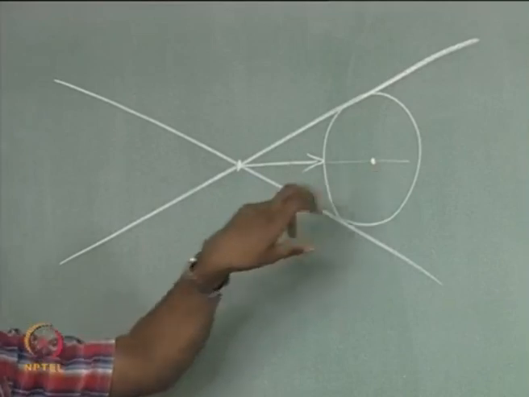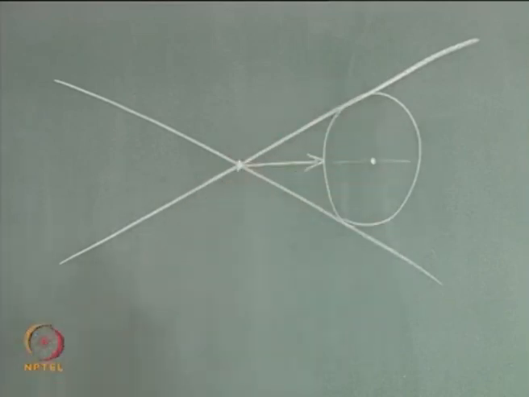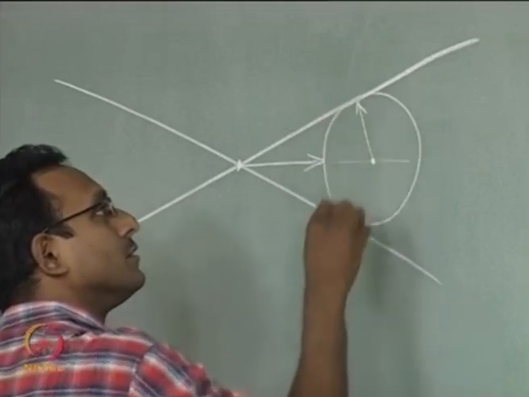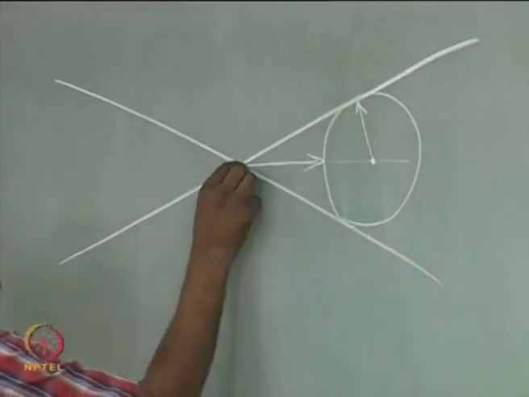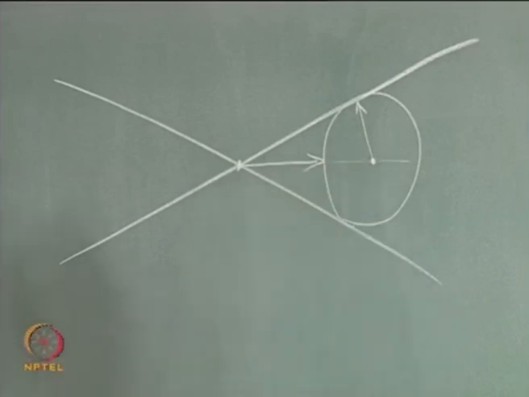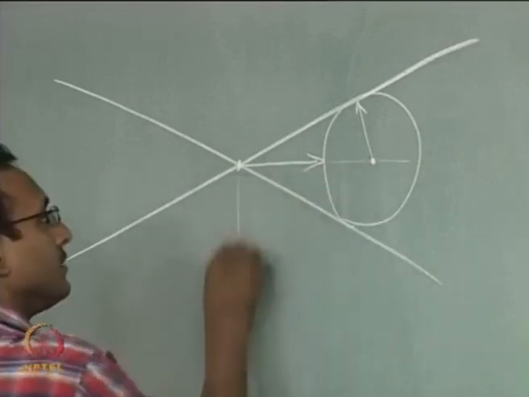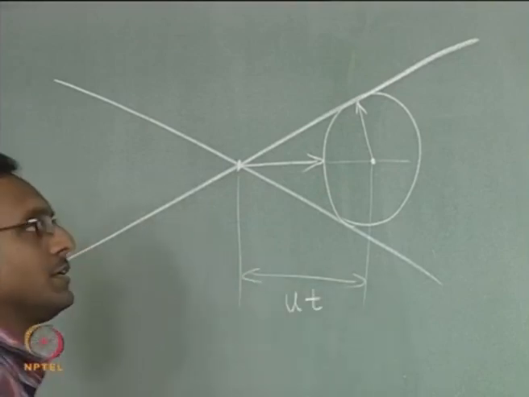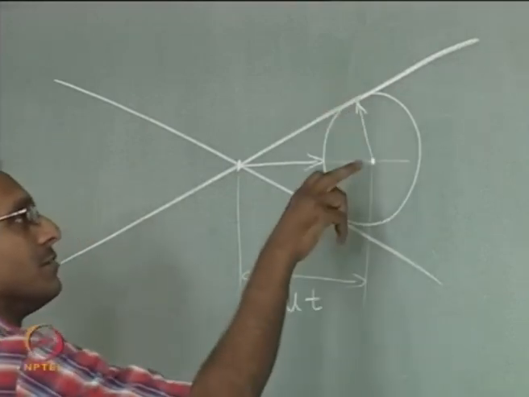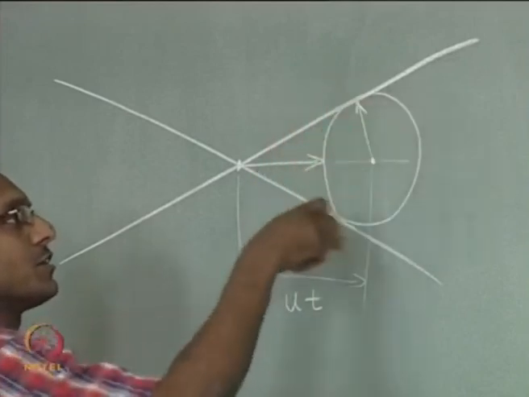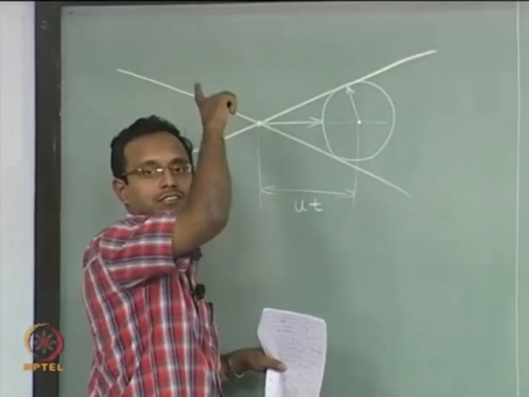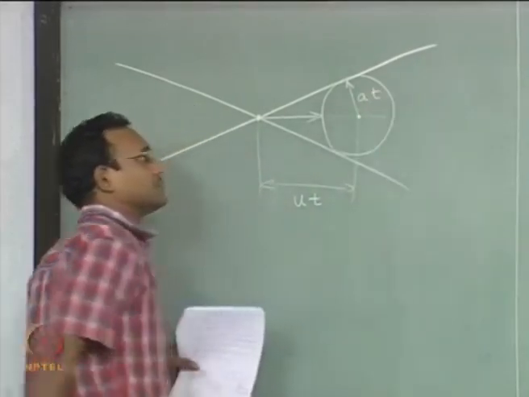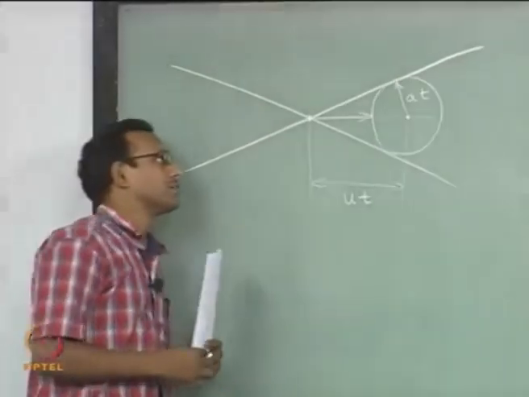Currently the point is here and the wave is here. Let us say the point took some time t to go from here to here, then this distance is u times t, while with respect to this the wave is just going out circular. So, the radius is equal to a times t, where a is the speed of that wave specifically.